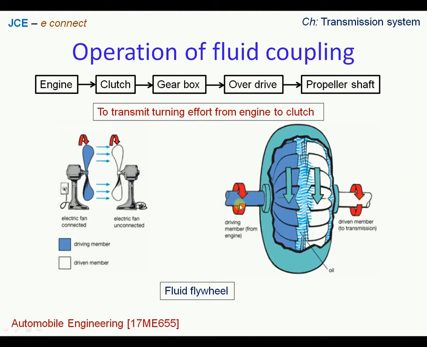Therefore the rotation of the crankshaft, since it is in direct connection with the impeller on one half, the driving member, sets the impeller in motion. It pressurizes the working fluid, that is oil, within the vicinity, and once the required pressure and volume are attained, the runner wheel or other impeller is set in motion.